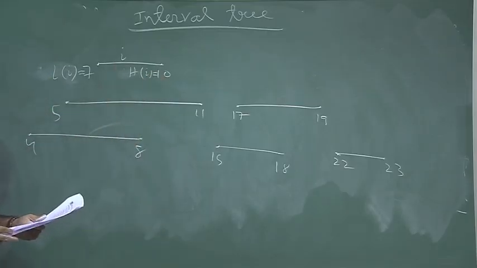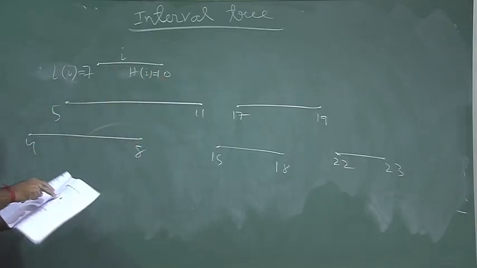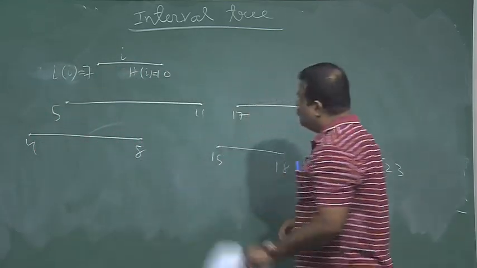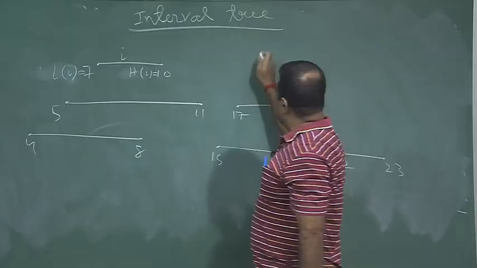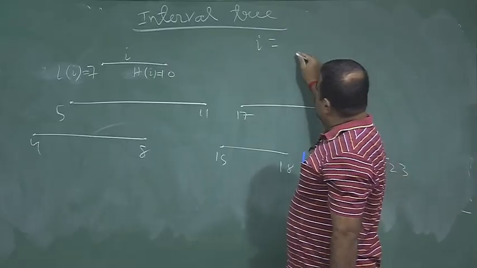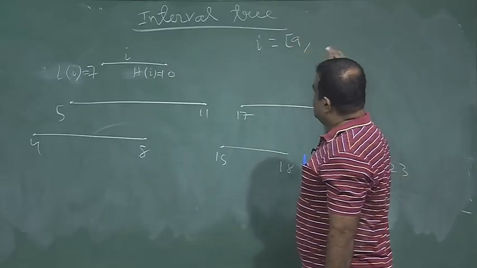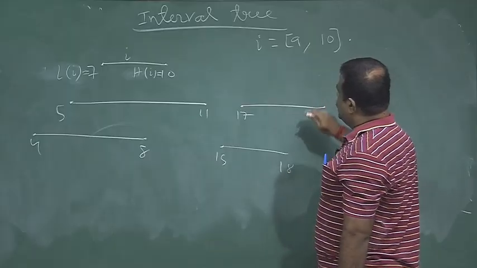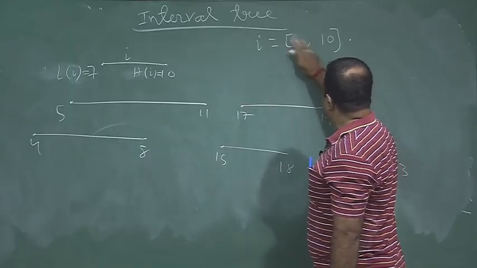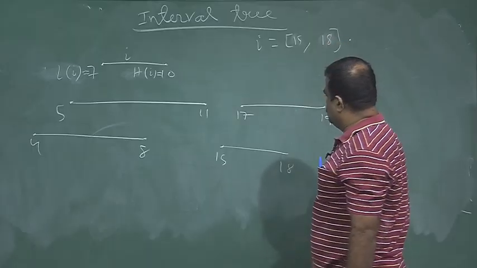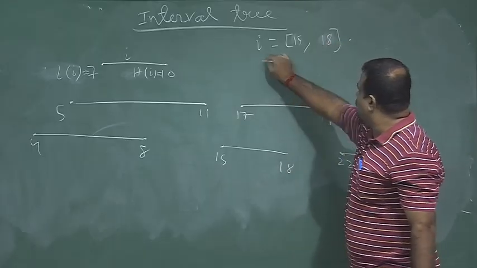Now suppose our query interval is, say, 9 10, or say 15 18.